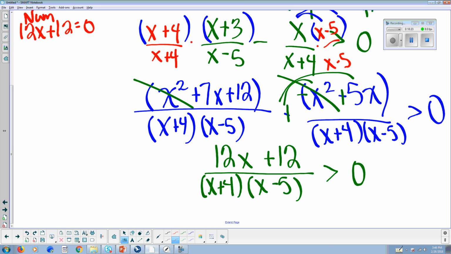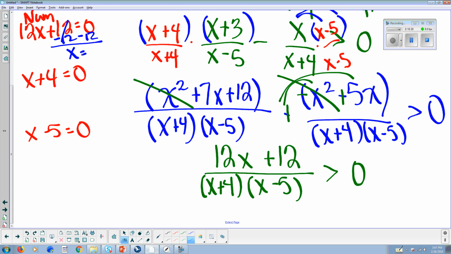In the denominator, x plus 4 equals 0, and x minus 5 equals 0. So this is going to give me 3 interval endpoints this time. Subtract 12 on both sides. 12x equals negative 12. Divide by 12, I get x equals negative 1. Here I get x equals negative 4, and here I get x equals positive 5.